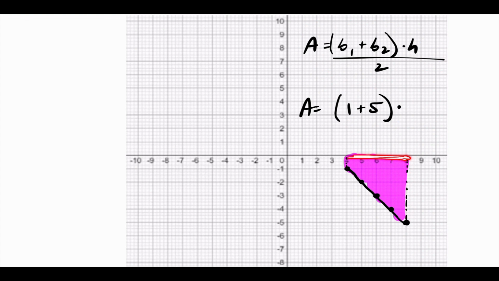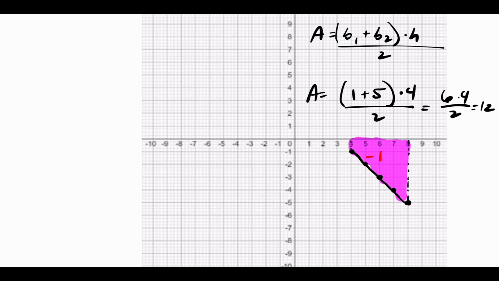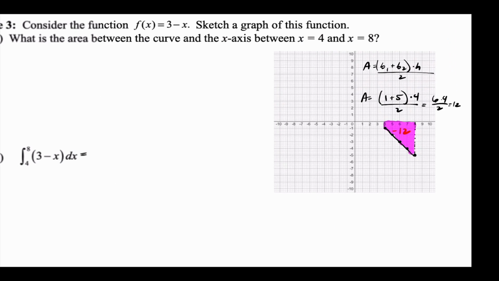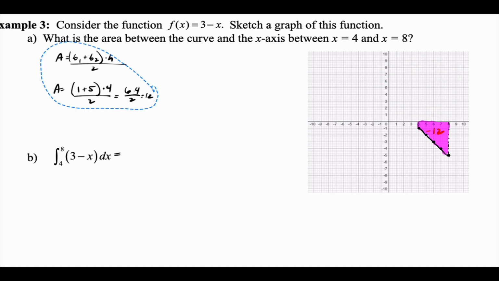Since it's kind of on its side, the height is going to be 4, divided by 2. So 6 times 4 divided by 2 makes 12. The only thing is, it's got to be a negative 12 since it's below the x-axis.